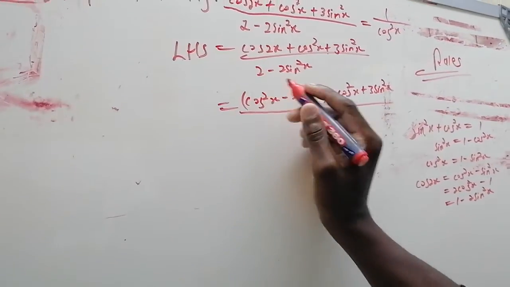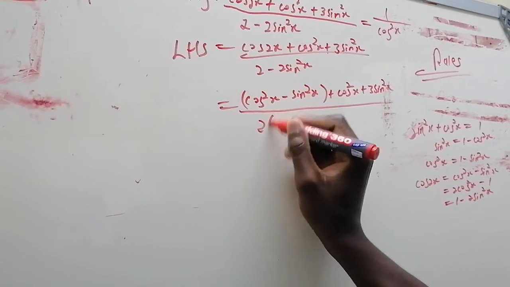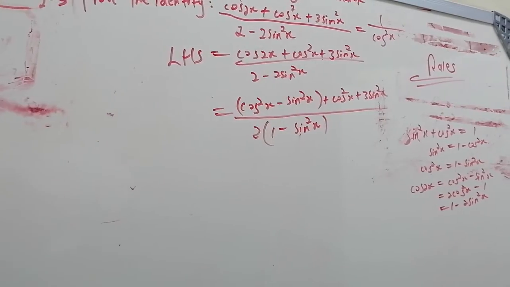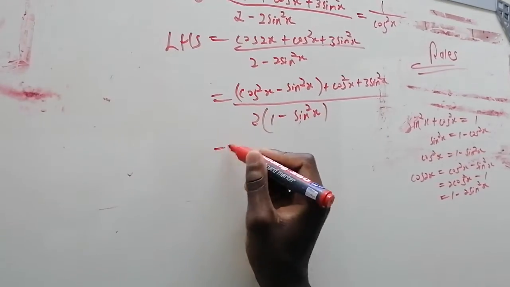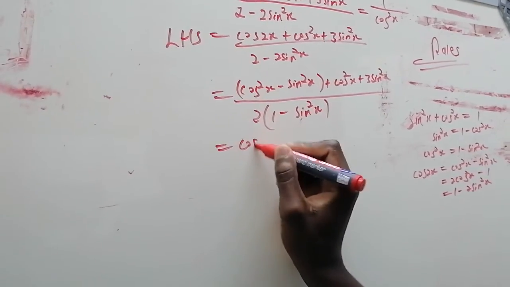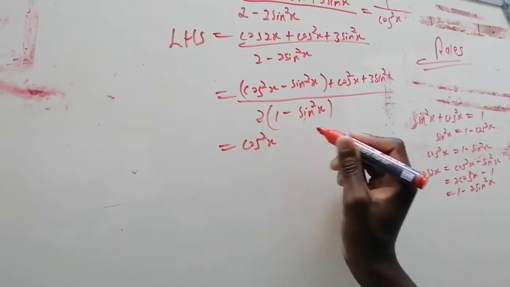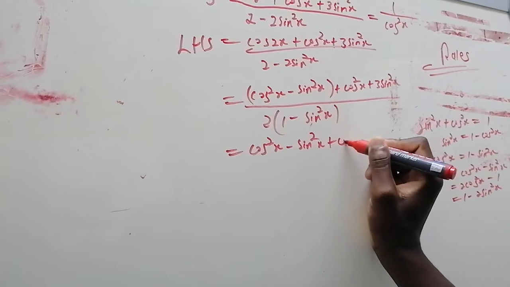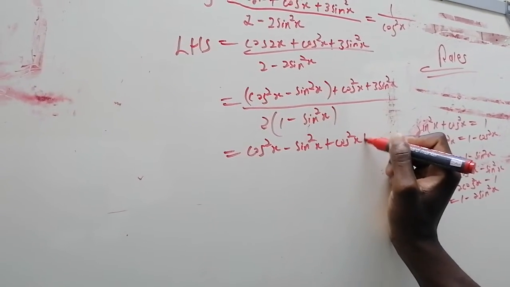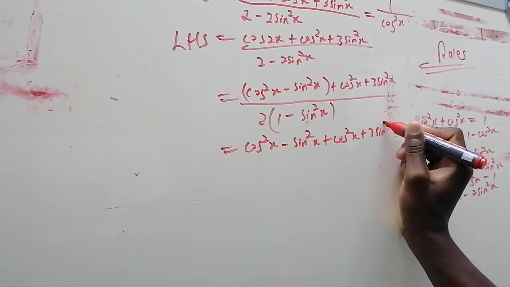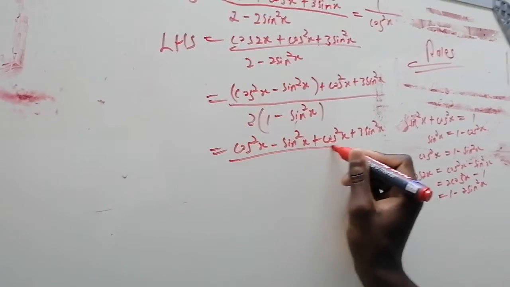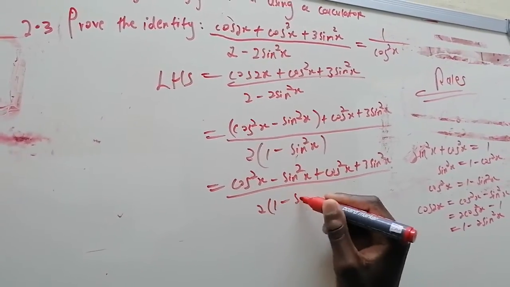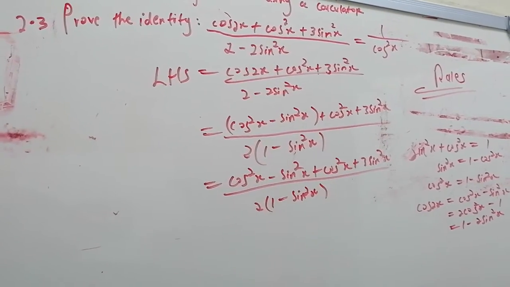Let's take the common factor. Here we have 2, then 2 into 1 minus sine squared x. Therefore we have cos squared x minus sine squared x plus cos squared x plus 3 sine squared x all over 2 into 1 minus sine squared x.